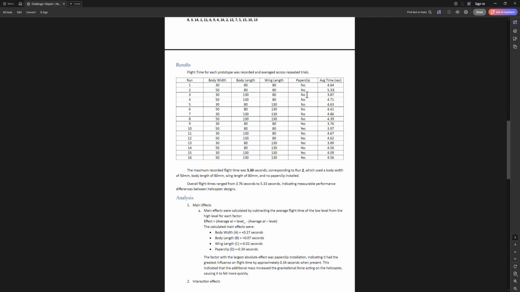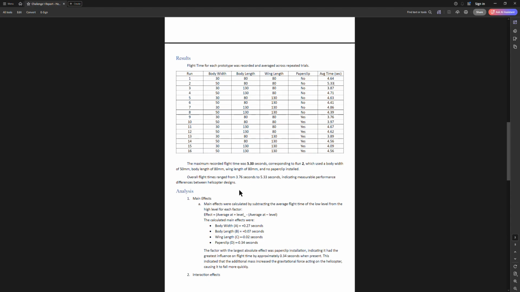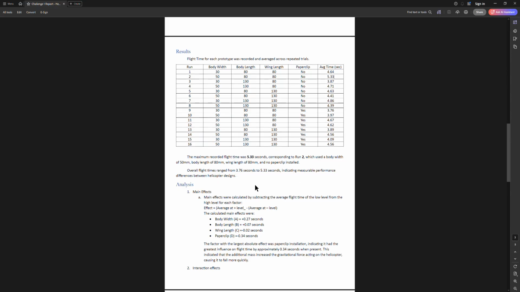There was no paperclip, so it didn't have that additional weight. And so obviously it was able to hang a little bit longer in the air. Overall, the range for each of the flights averaged about 3.76 seconds, which just indicates a measurable performance difference between each helicopter design.